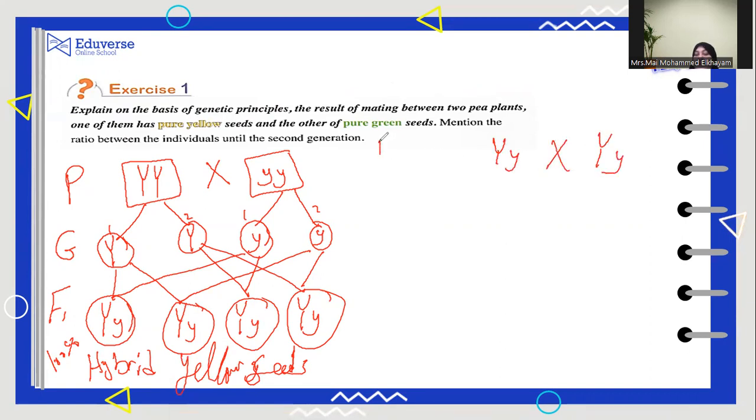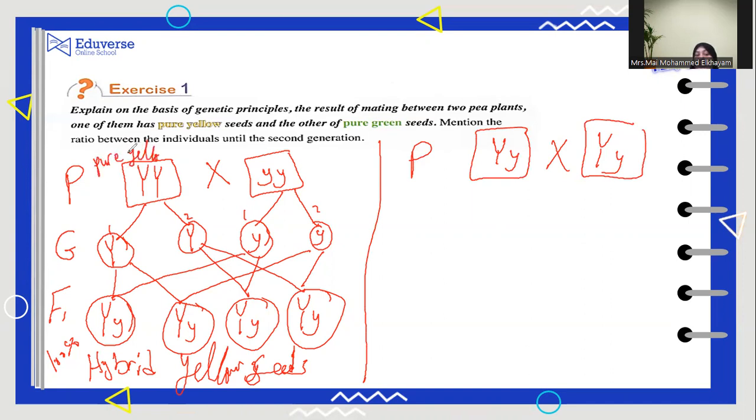Now, I'm going to take two of these offspring, Y capital, Y small, crossed by Y capital, Y small. Let's do it again. These are the parents. This is one parent, this is the other one. You have here to describe them. This is pure yellow, and this is pure green. This is, both of them are hybrid yellow.